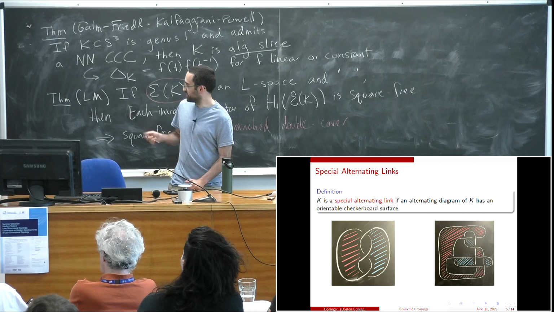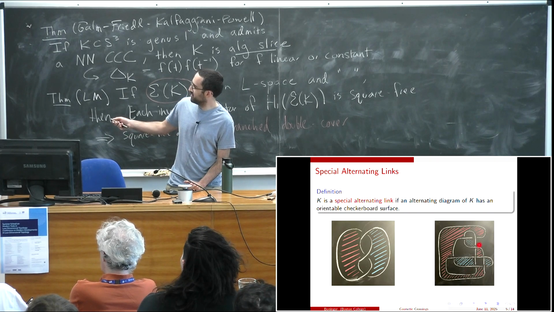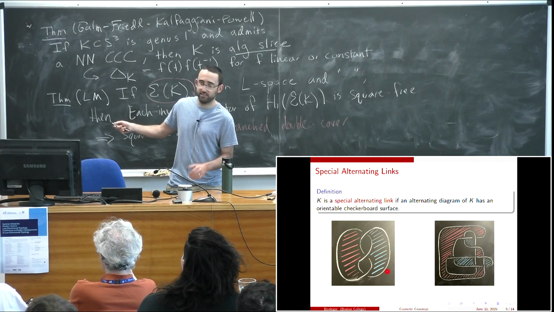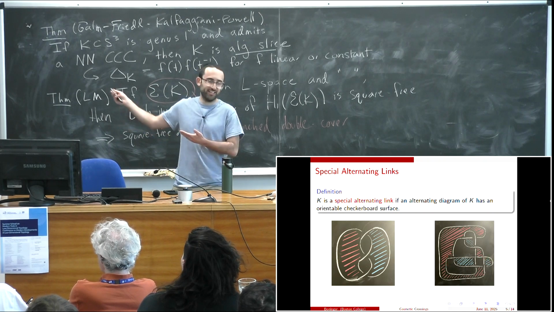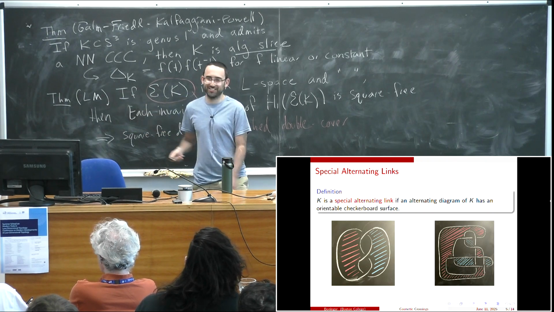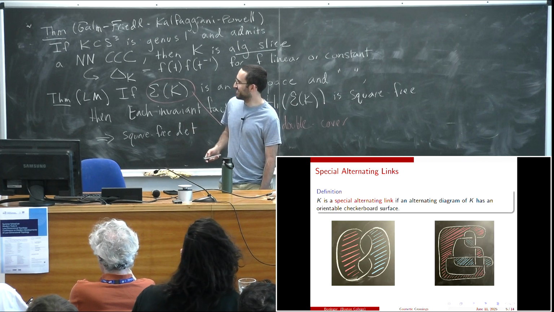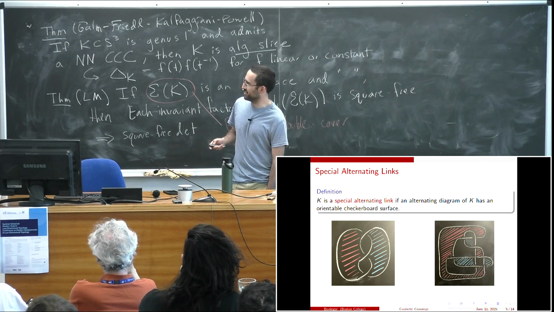When I say checkerboard surface, I'm talking about coloring this diagram in a checkerboard way. And we can see from the pictures that here the trefoil is a special alternating knot because I've shown that the checkerboard surface is two-sided, and I don't remember what knot this is, but this is another example of a special alternating knot. I don't feel like counting the number of crossings right now. I want to say it's like 8_15 or something.